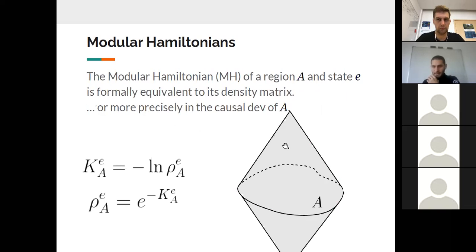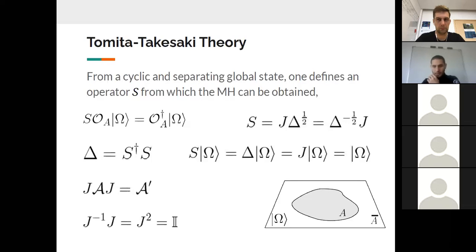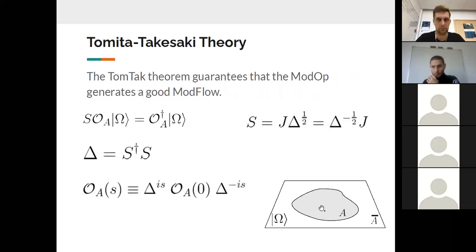There is nothing that can happen here that you could not have predicted if you have all the information in A. So my answer is: this S, with the aid of delta, will aid you to move inside this causal development. And the importance of this symmetry is that it states in a very precise mathematical way that if you know the information in A, you know the information in all the causal development of A.